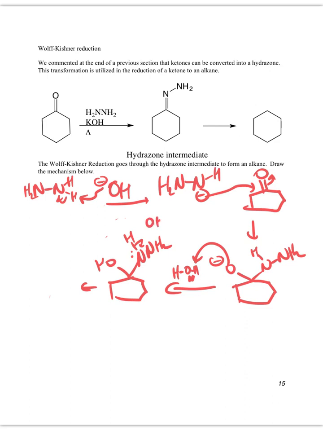So we have our hydroxide that grabs that hydrogen off of the nitrogen of the hydrazine. That gives us an OH, an N with a negative charge, and an NH2.